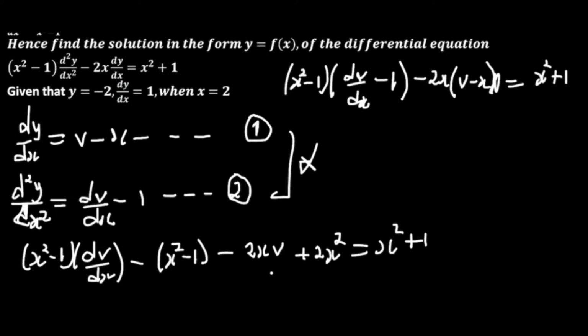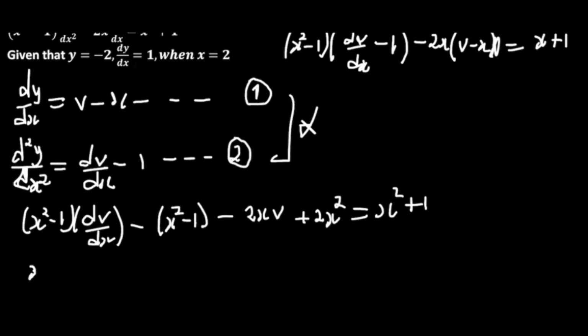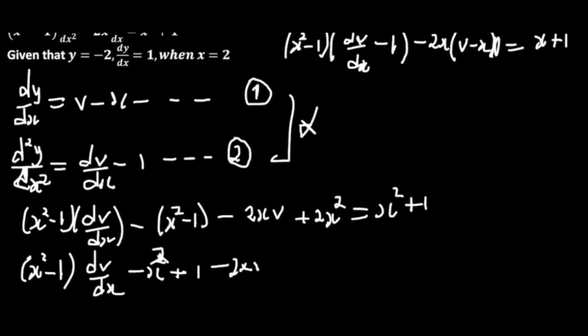So we have expanded this function, so we are going to see the things that can easily cancel out. Here we have x squared minus 1, we're not going to expand this dv over dx. So minus x squared plus 1, minus x squared plus 1. So here we'll have minus 2xv plus 2x squared equals x squared plus 1.